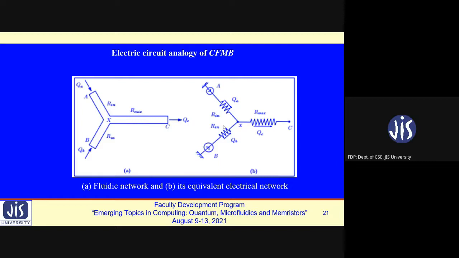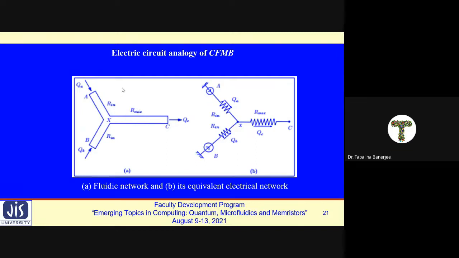I'm just interrupting. What is this RMX? This one, actually, is the resistance of this XC mixing part. We can treat it as the hydraulic resistance in this mixer channel. So the fluids are moving through these channels through these resistances. Yes.